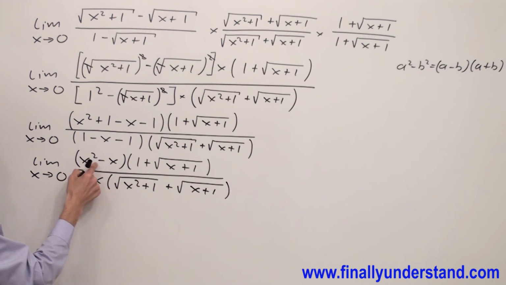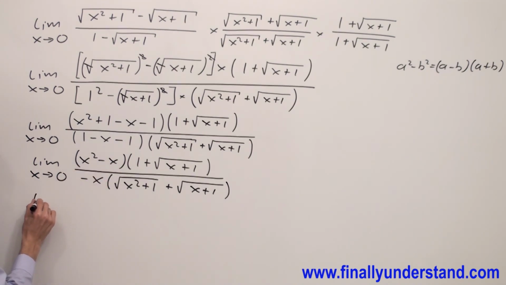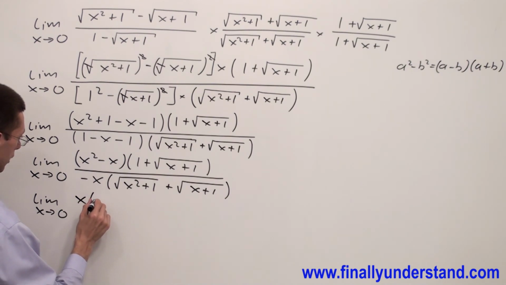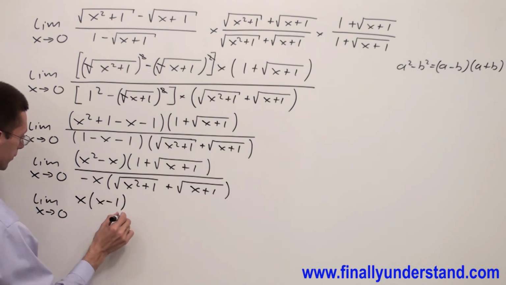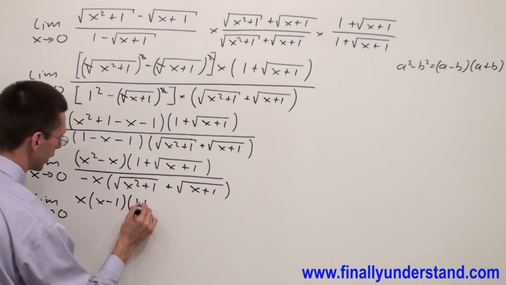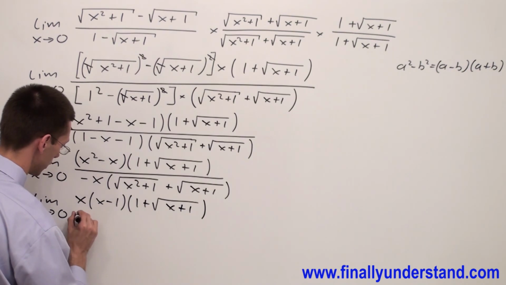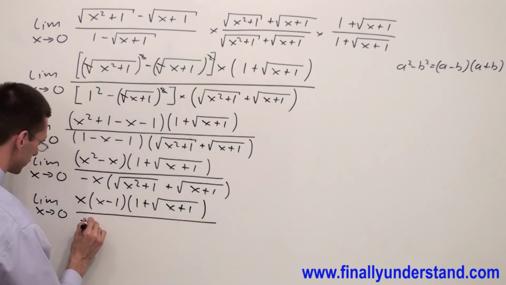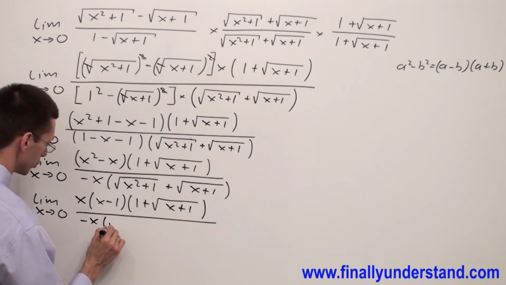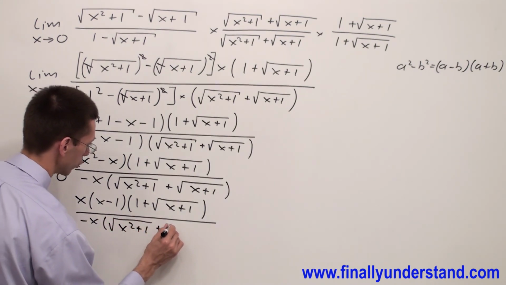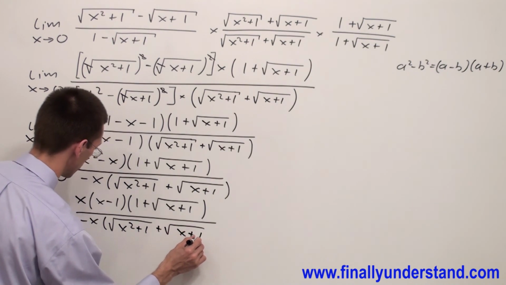Factorize x from these parentheses, and you're going to have limit x is approaching 0. I have x. Inside of the parentheses, you're supposed to get x minus 1. And I have 1 plus square root of x plus 1 over negative x times square root of x squared plus 1 plus square root of x plus 1.